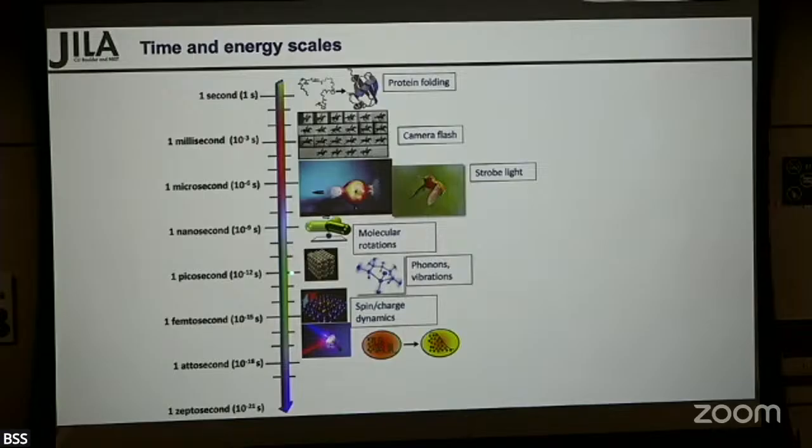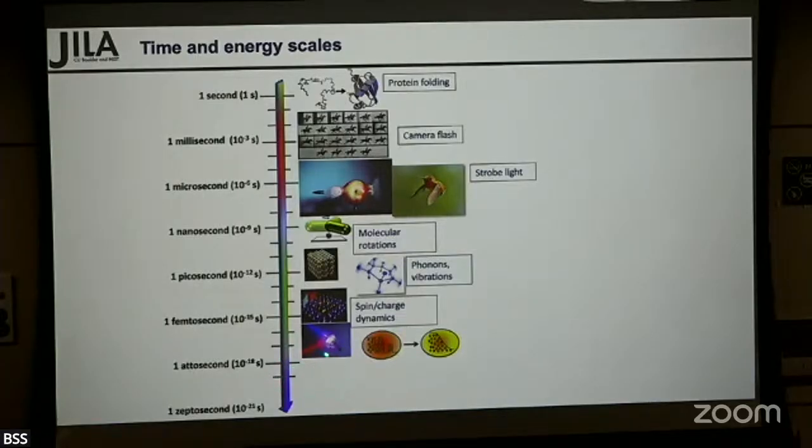Then as you go below a picosecond to a femtosecond, only electrons can do anything in a femtosecond. If the spin is coupled to the charge, then you can see, for example, that if you excite an electron, you can also hybridize the spin polarization, so you can transfer spin polarization. And I'll talk about what intrinsic properties you can measure in the attosecond regime.